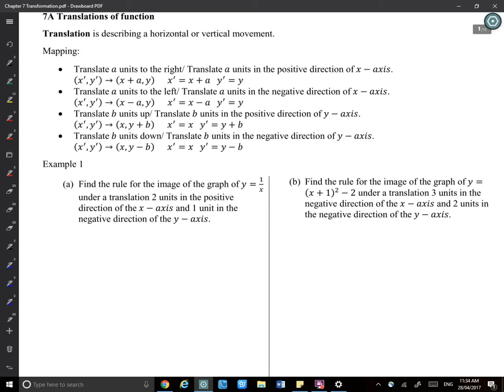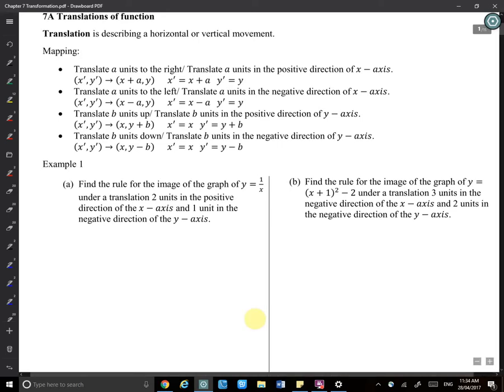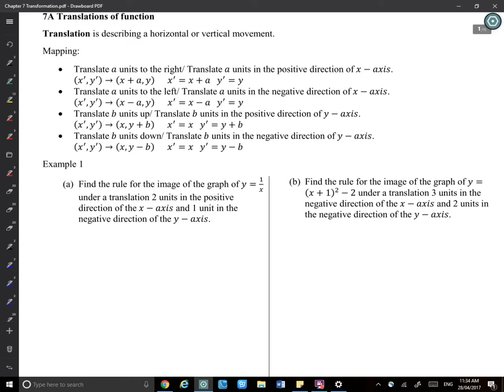Let's have a look at what we have. Translate A units to the right. First is the language. The language of transformation is very unique. You must follow one of the things I write here. When you describe it, you can't just say random things that make sense to you but don't make sense to the examiner. So you need to follow some particular ways to talk about those transformations. First is translation.